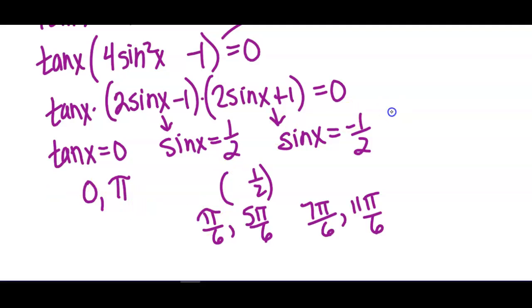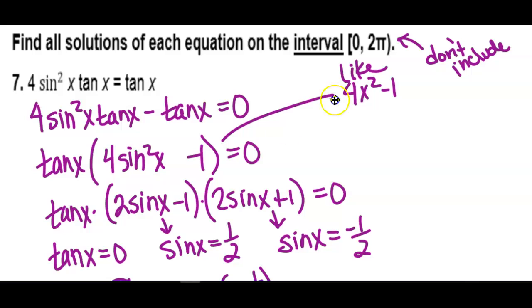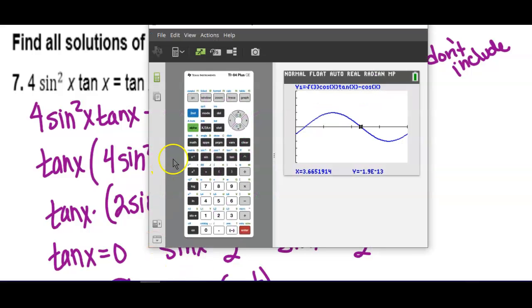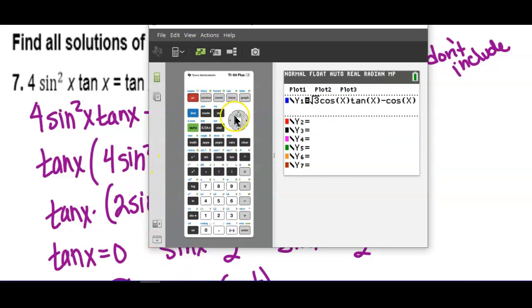I don't think this is one that I graphed to check. Let me see. Nope, I did graph some of them, and I'll show you some of those. I guess I could graph that one quick now if you wanted to see. It said 4 sine squared times tangent equals tangent. So you would very carefully make sure you're in radians, and then you would type 4.